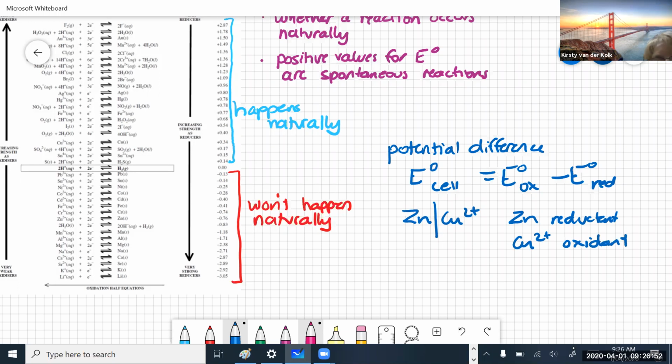So what we're going to see is that our zinc is, where's our zinc one? There it is. So our E0 cell is going to be the copper ion here, which is plus 0.34. And then we're going to subtract the zinc one, which is negative 0.76. So we add 0.76.